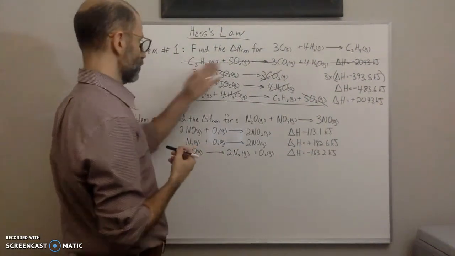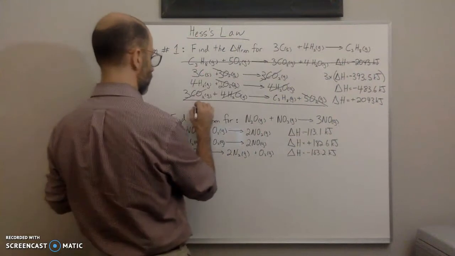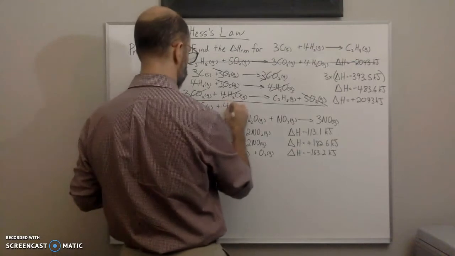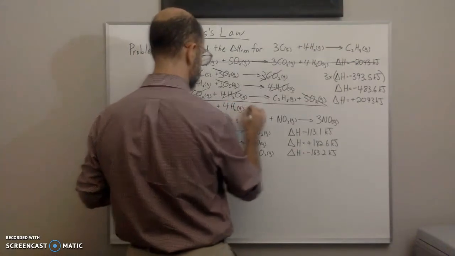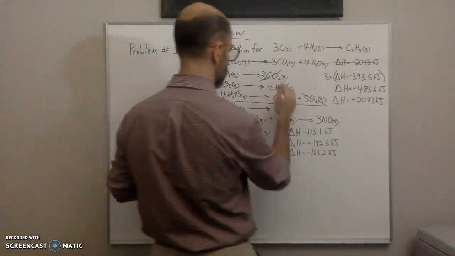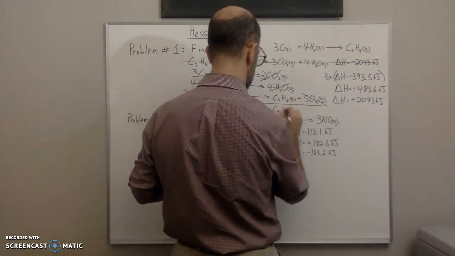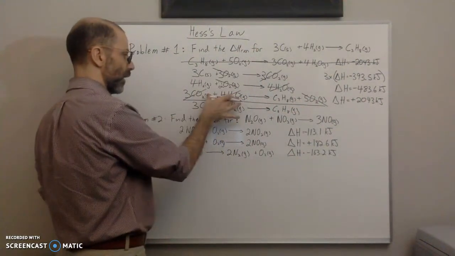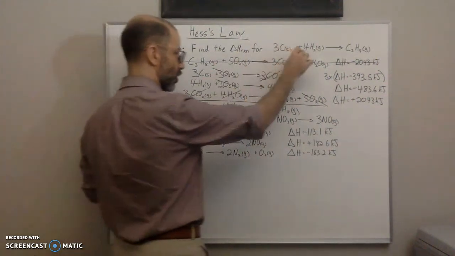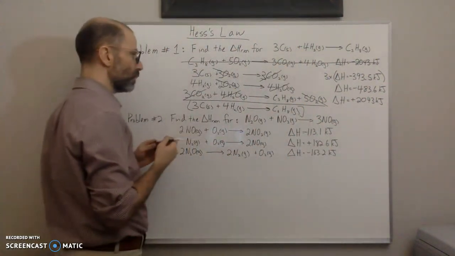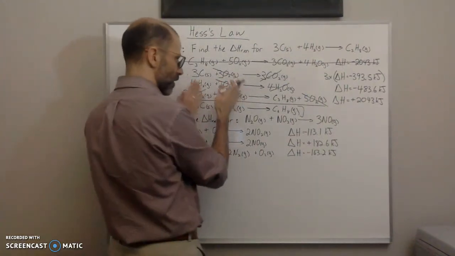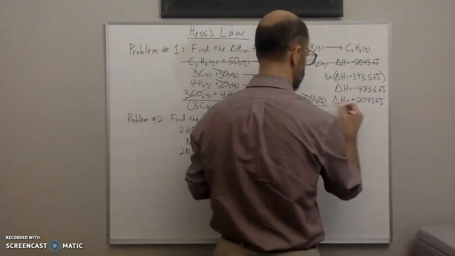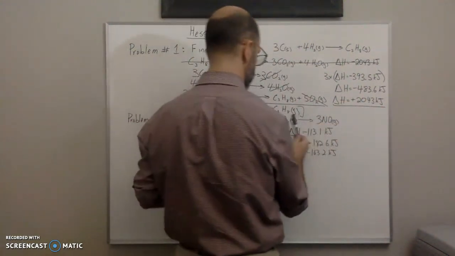Everything else is what we're left with: 3C solid plus 4H2 gas gives us the C3H8 gas. So these three equations will add up to our target equation, which means the sum of the three delta H's will give us the delta H of this reaction here.